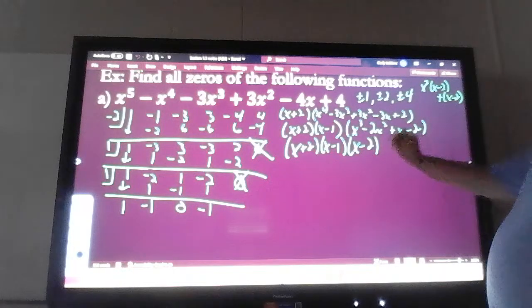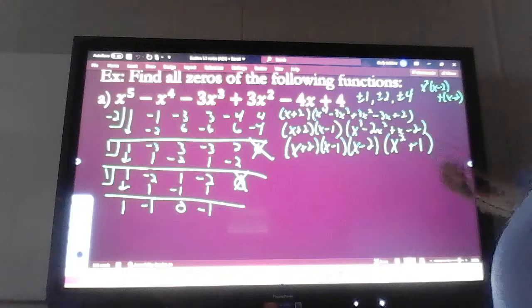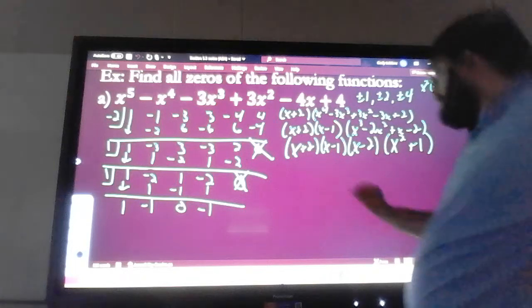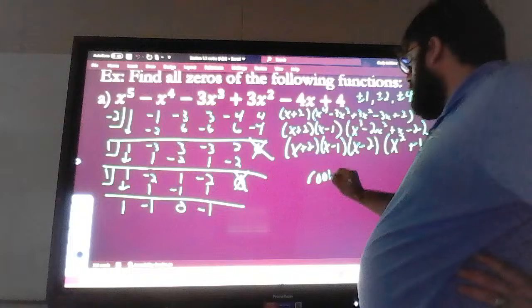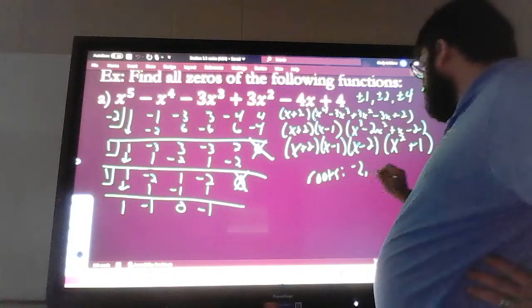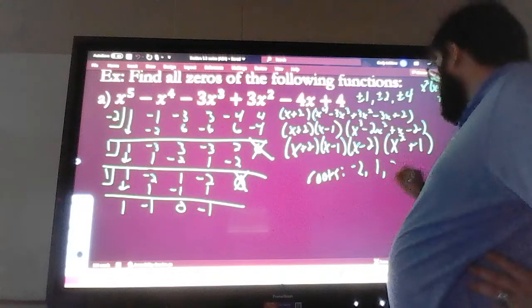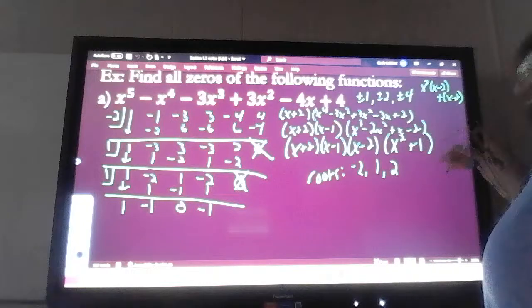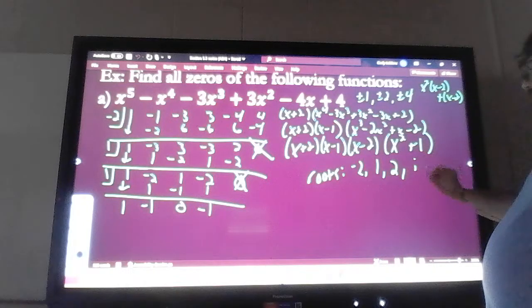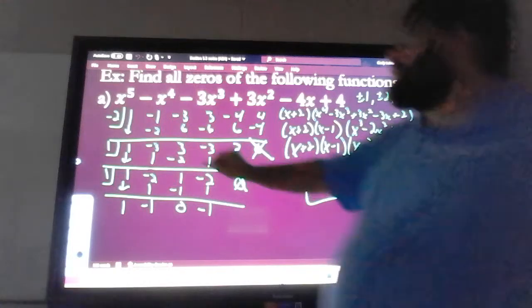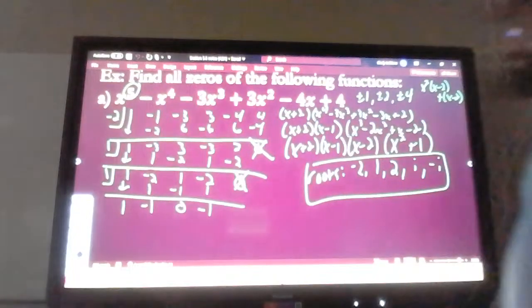And x squared plus 1, if I set that equal to 0 and solve, or if I recognize that this is a sum of squares, x squared equals -1. Take the square root of both sides: i and negative i. So my roots are -2, positive 1, positive 2, i, and negative i. And look at that, I have 5 zeros. My degree is 5. I'm good to go.